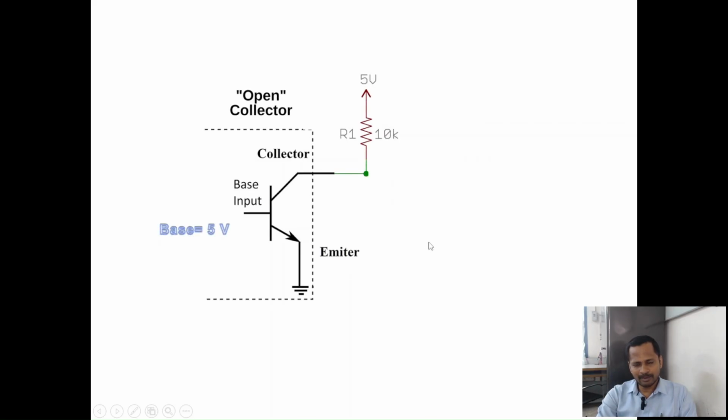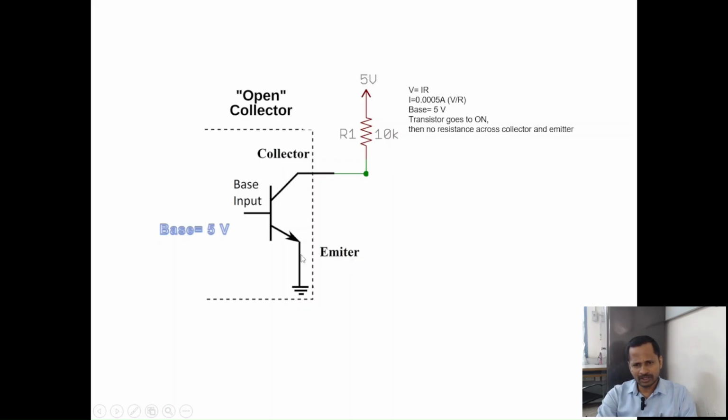Now let us have the other option. If I connect the base to 5 volts, that means the data bus gives logic 1, then the transistor goes to the saturation region. Once it does, there will be a current flow between collector and emitter. Again V equals I into R, the base voltage is 5, and the transistor is on.